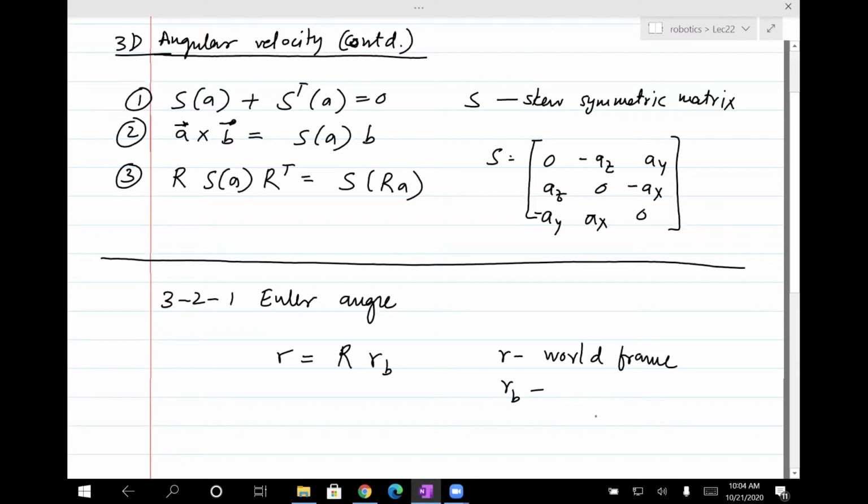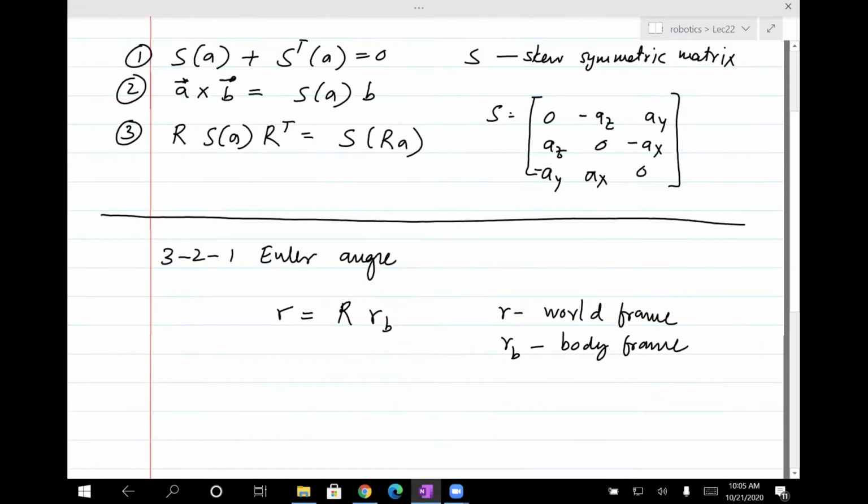So that vector does not change. It basically is giving the position of a point of the object in its own frame. So if the position of a point is rb with respect to a coordinate frame fixed to that object, that's simply not going to change.